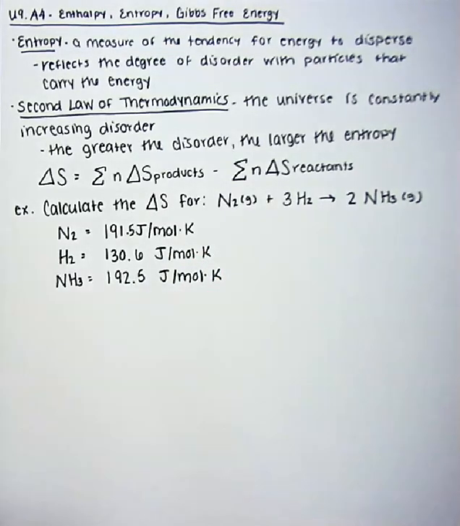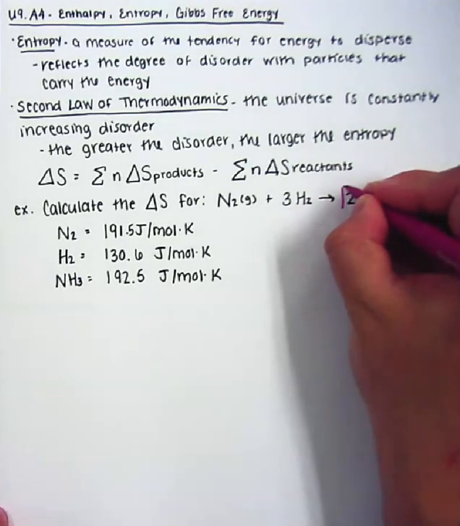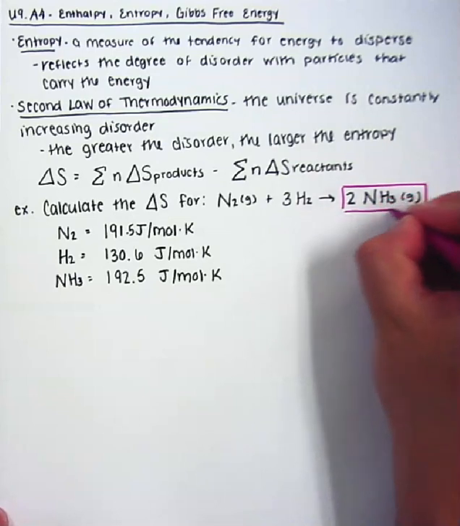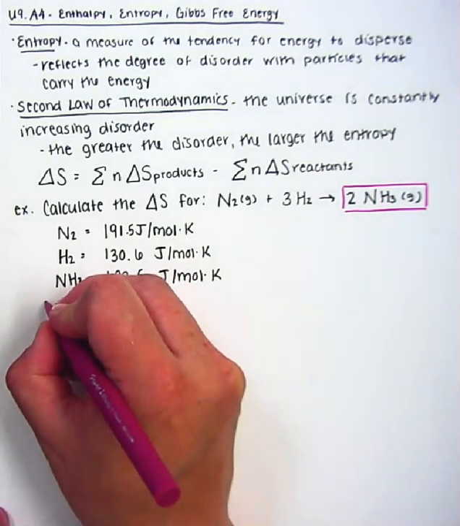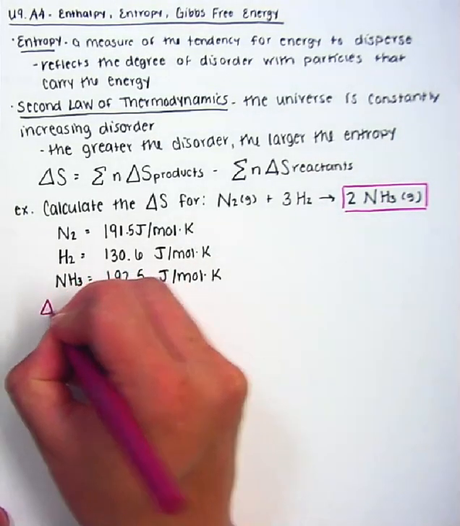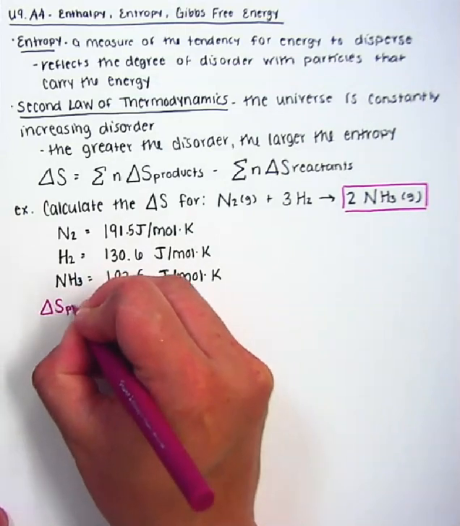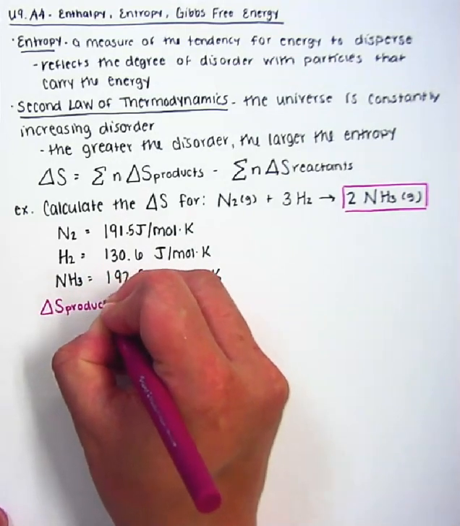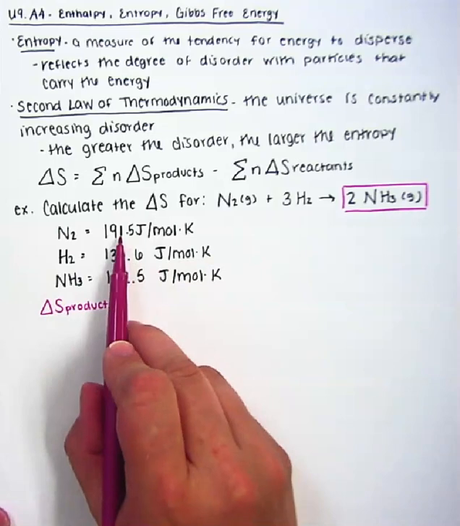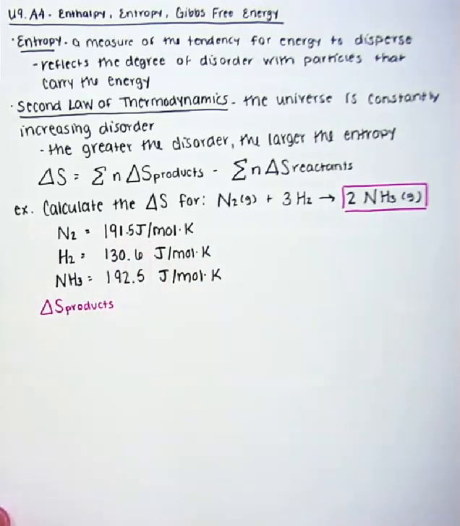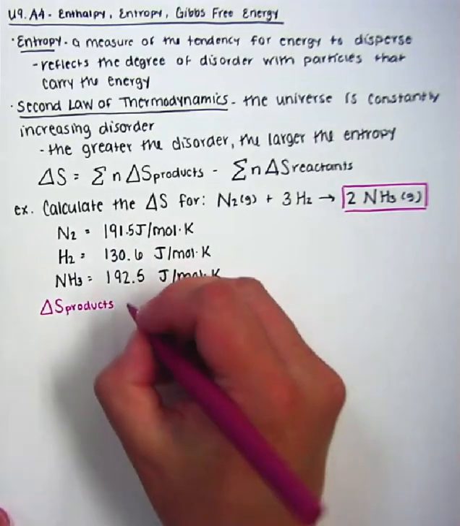All right, so we're going to calculate this the same way we calculated delta H. We are going to start by calculating the entropy of the products. And again, this is the entropy per 1 mole of a substance. I have 2 moles.